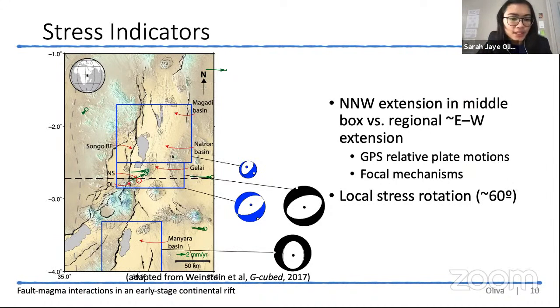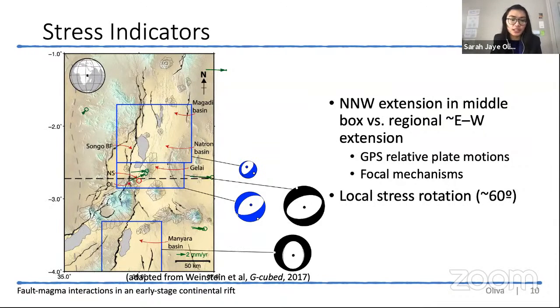We can see immediately that in this middle box, the teleseismic and the local earthquakes have very similar looking beach balls. These beach balls reveal, looking at the T-axis, that white dot plotted at the edge of the beach ball, about north-northwest extension.